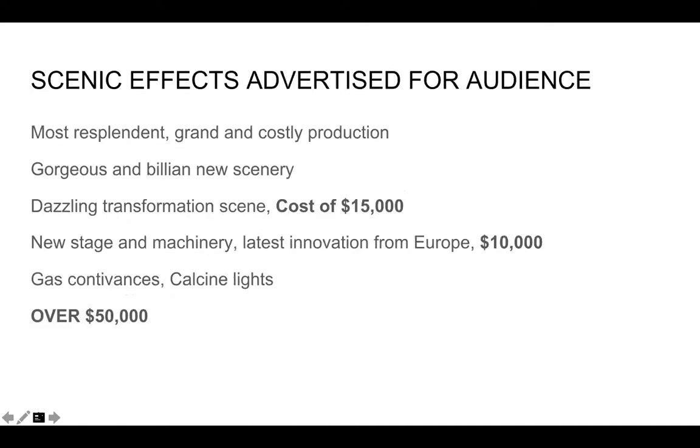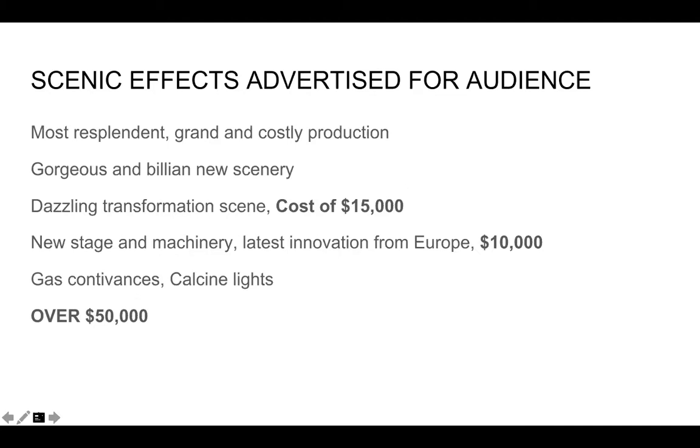The scenic effects, however, are spectacular. They're advertised for the audience. Most resplendent, grand, and costly production. And you saw, we'll review those pictures before, but there's like hundreds of things on stage, just so much scenery.